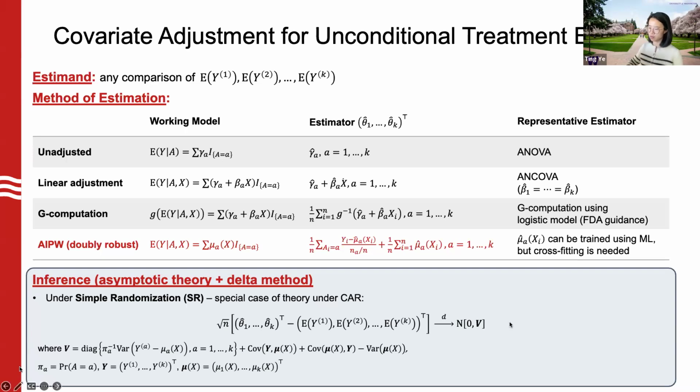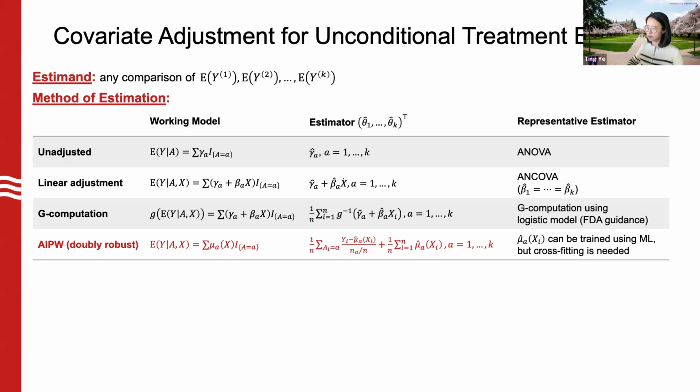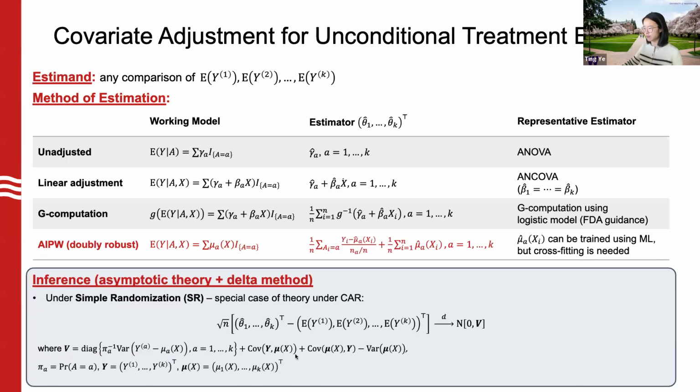And we also propose plug-in variance estimators for estimating the variance, which is also fully robust and always consistent. So in practice, you wouldn't need to derive any of these delta methods because we have implemented all this in the R package.